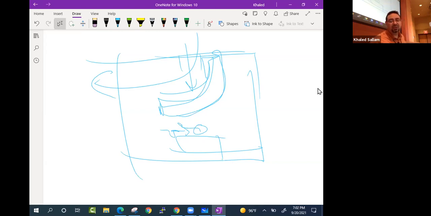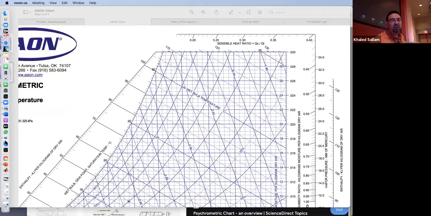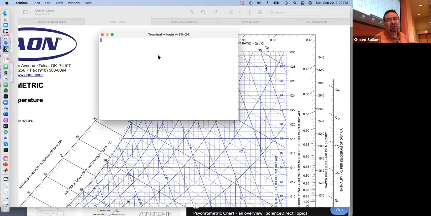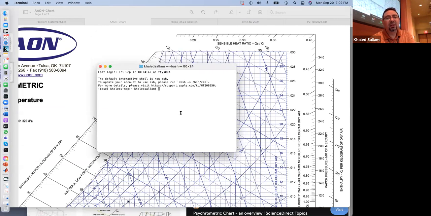Let me share my screen here. So here's my Mac machine. I just go to my shell like this, and I type Bison 3. I'm in Bison already, and then I can write the code. I can copy and paste, I guess.